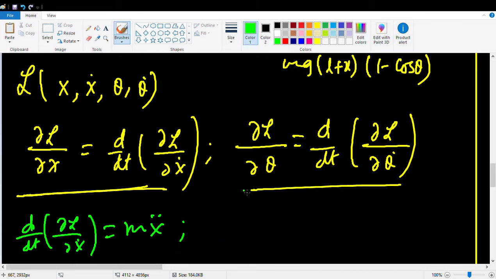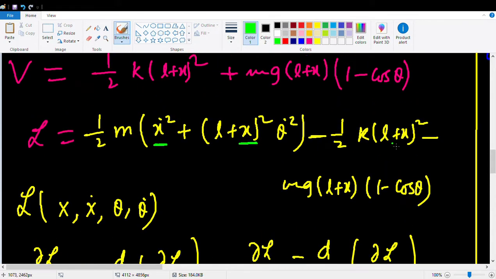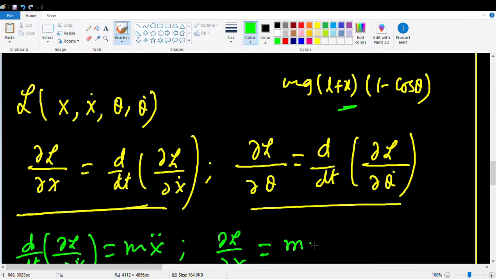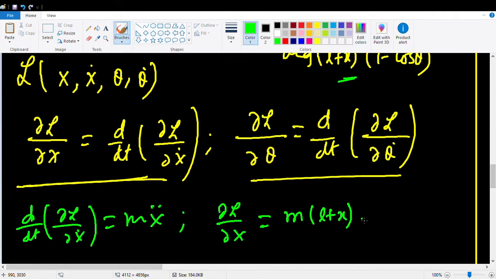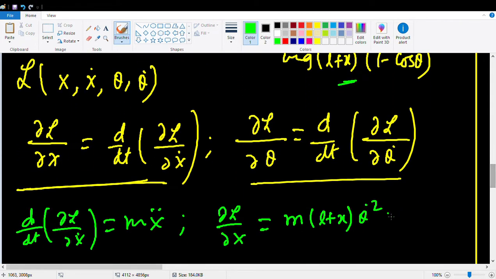Okay, now what happens to del Lagrangian over del x? So where this happens, here only and this only and also this one. So too many places where I can write it as L plus x theta dot squared. Well, do it by yourself, don't rely on me for the derivative also.